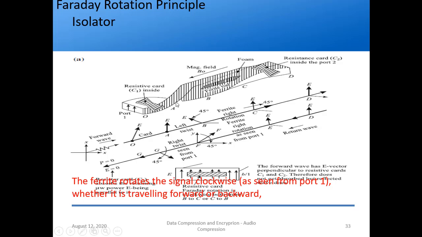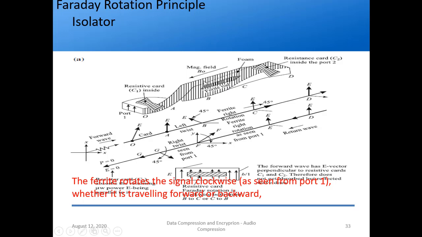So then what happens? This is a 45-degree twist as mentioned here. So what will happen? The electric field will rotate by 45 degree, right? And it is going from right to left, means anti-clockwise direction it will rotate. Okay, and then again, by the principle of Faraday rotation, depending on the magnetic field direction and the length of the ferrite rod, it will rotate.